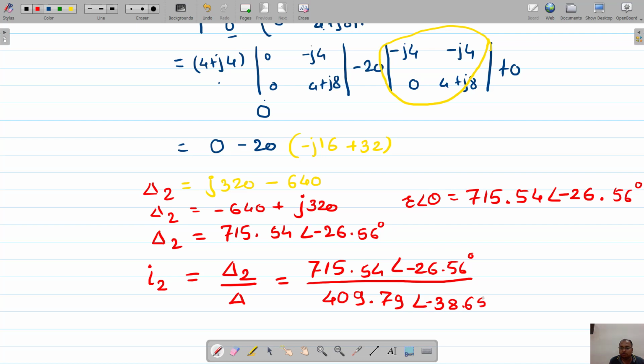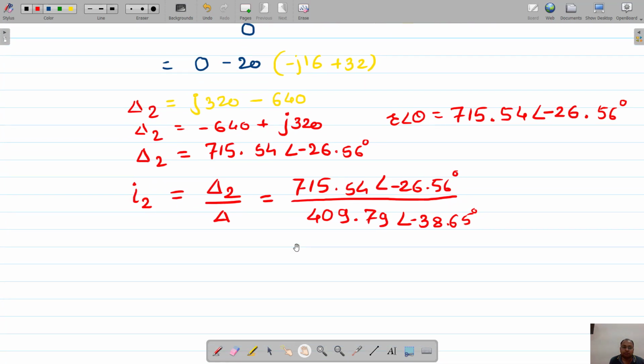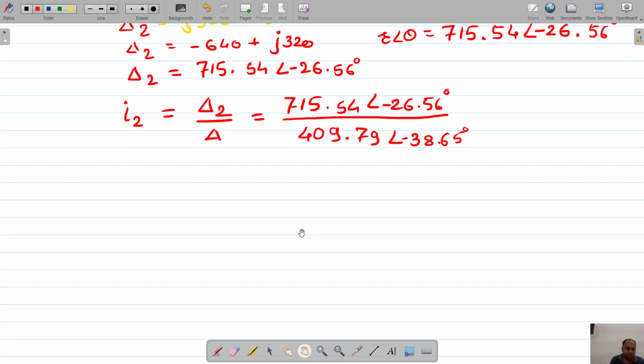Okay, great. So let us find out the values. Directly divide 715.54 by 409.79. So it is coming as 1.746.